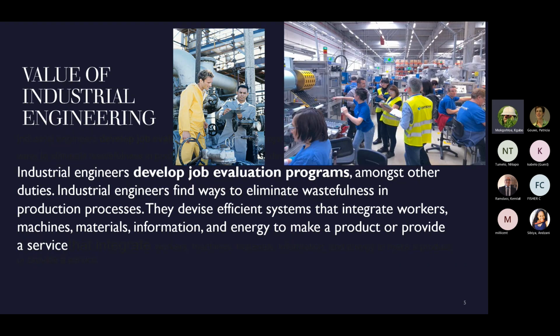Here we are saying that the value of industrial engineering is that industrial engineers develop job evaluation programs amongst other duties. And the important thing is to eliminate waste, to ensure that systems are efficient, and the role will be to integrate.